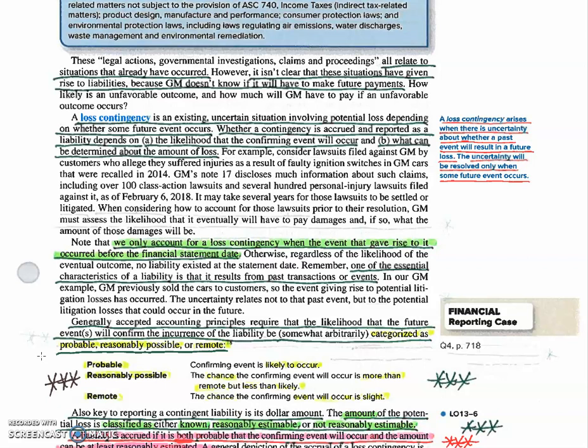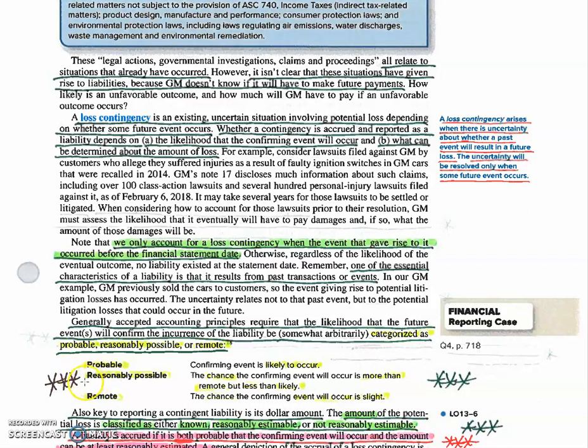So that's a difference between U.S. GAAP and international GAAP. And again, remember the three categories. Probable means it probably will happen, most likely will happen. What's the percentage? We've talked about probable before. I don't know, 75, 80%, something like that.